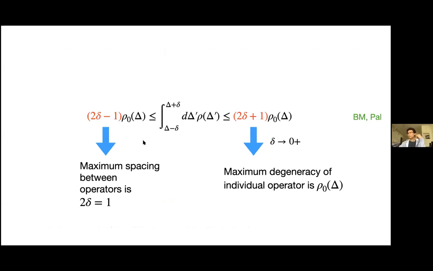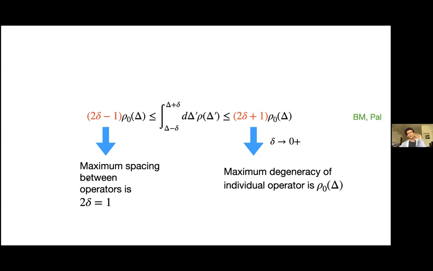But so now let me make a couple of comments. There are some simple consequences of these bounds, which are nice. So from the lower bounds, it's pretty clear that if you take an interval which is larger than 1, so 2 delta bigger than 1, then in any such interval you will find some states.